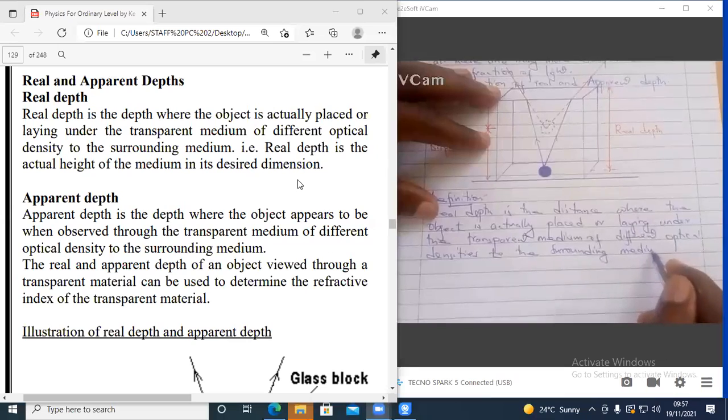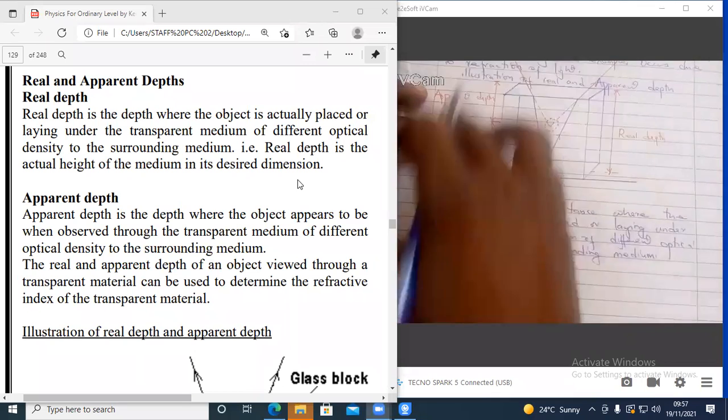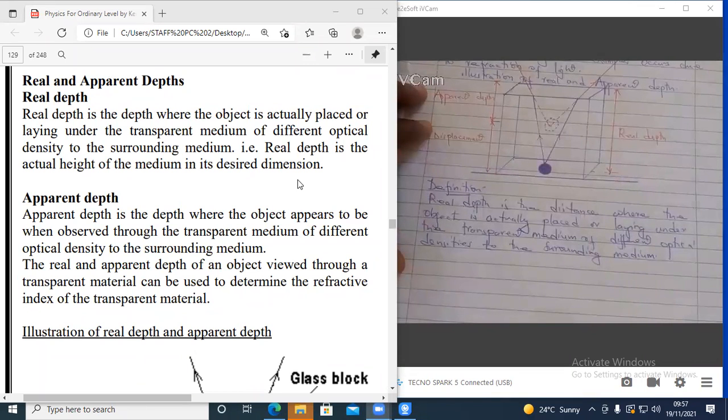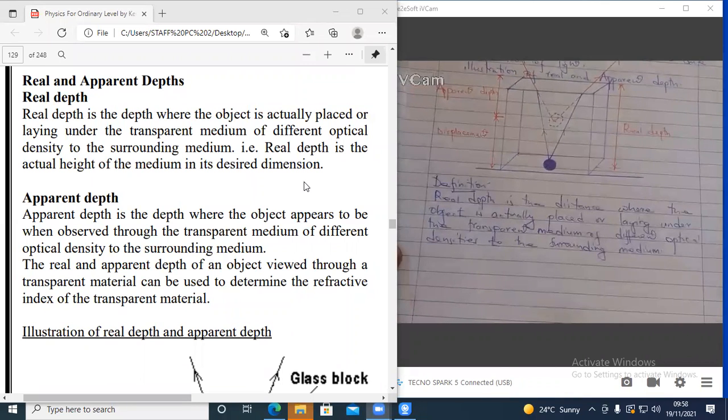So what is the surrounding medium here? Air, not so? The surrounding medium is air. Full stop. So that's the definition.